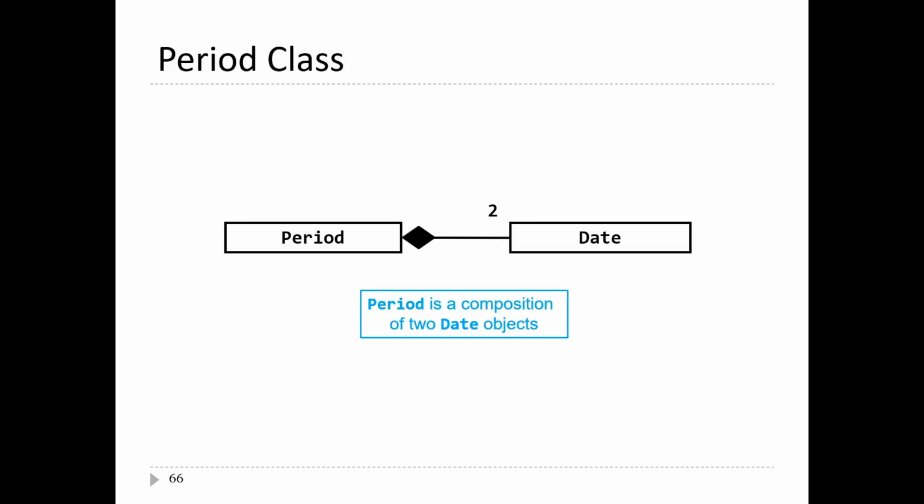To ensure that the invariant is always true, we're going to use composition to protect our internal date fields. So our Period class is a composition of two Date objects, the start time and the end time. The solid diamond indicates a composition.